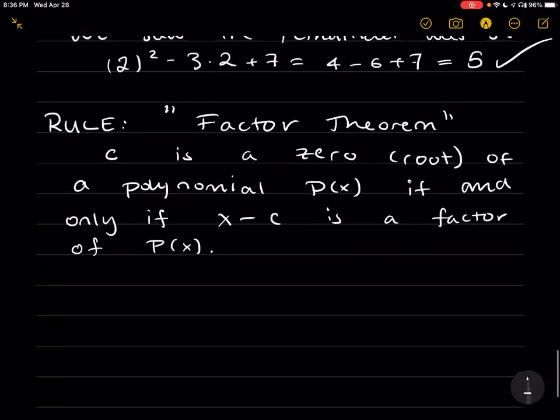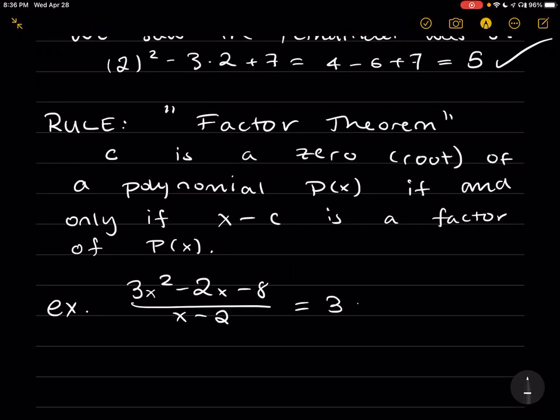This might make a little more sense if you look at an example. I didn't do this example in this lecture, but if you were to divide 3x squared minus 2x minus 8 by x minus 2, this is going to pop out 3x plus 4.